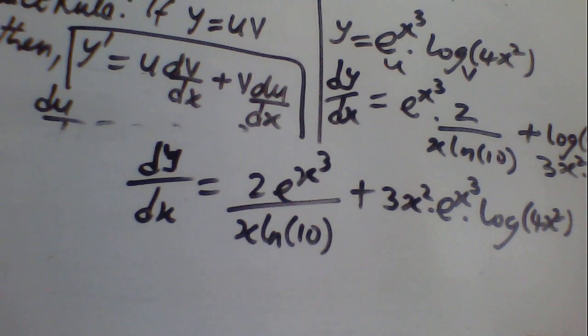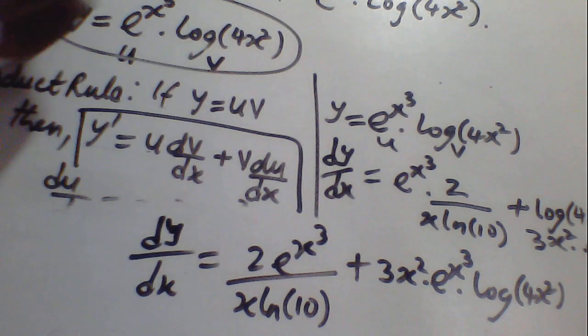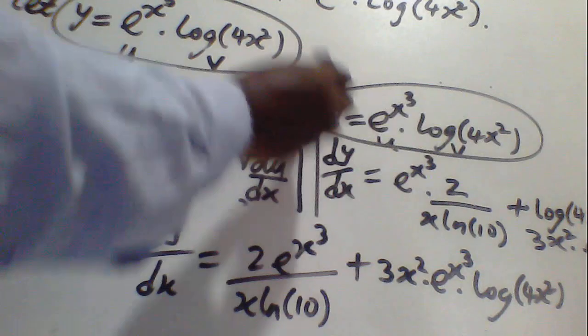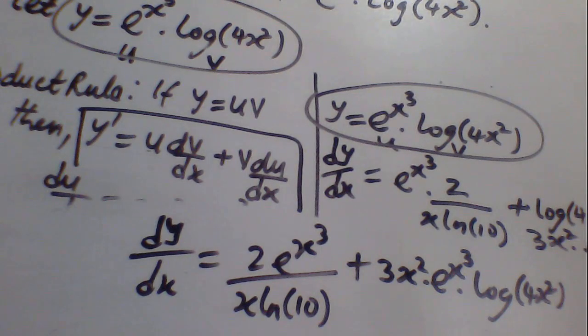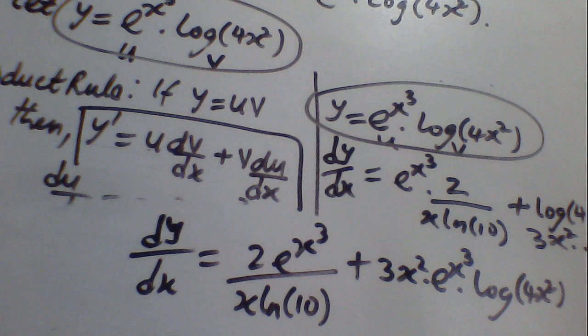So this is the derivative of the given function. So once we are given a function to derive, make sure you apply all the necessary internal and external, even if it's a chain rule, product rule, to solve the given expression or equation, whatever they are given to you to solve.